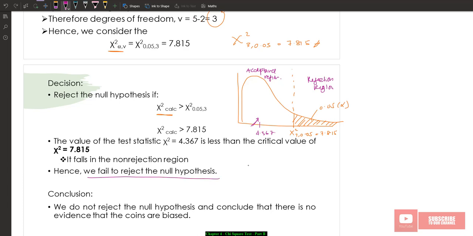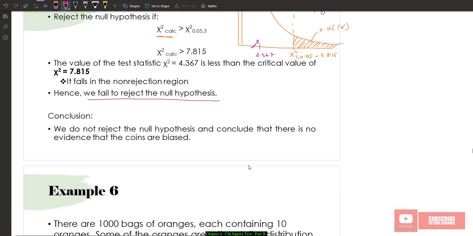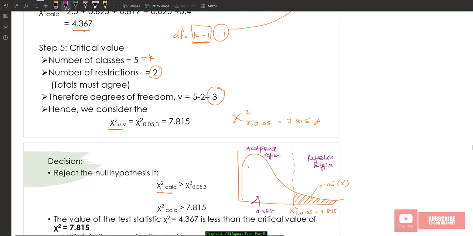Or in other words, we fail to reject the null hypothesis. So our conclusion is we do not reject the null hypothesis and conclude that there is no evidence that the coins are biased, right? So that's how we answer this question.